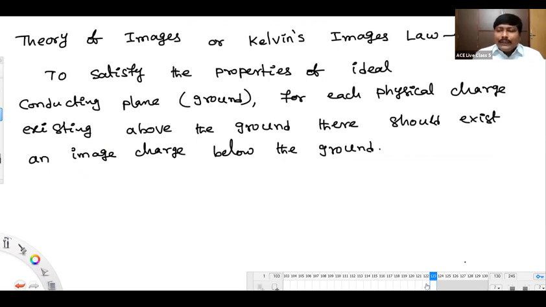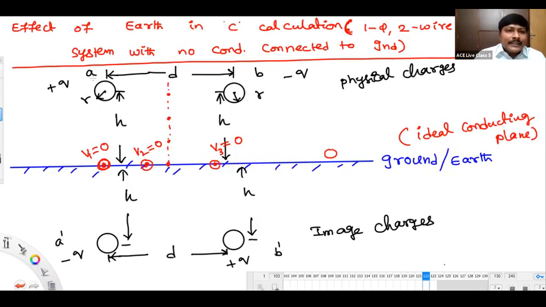So we have to calculate capacitance of conductor A to neutral. Let us say the effective capacitance of conductor A we have to calculate. For that purpose, we should consider the effect of B, which we are already taking. Not only that, we should take the effect of A dash and B dash also.